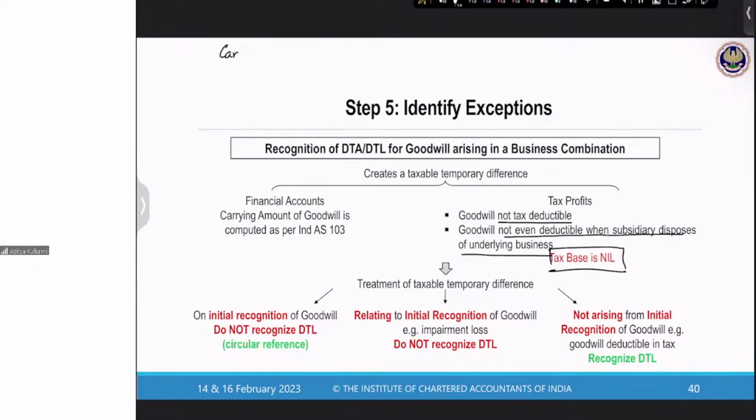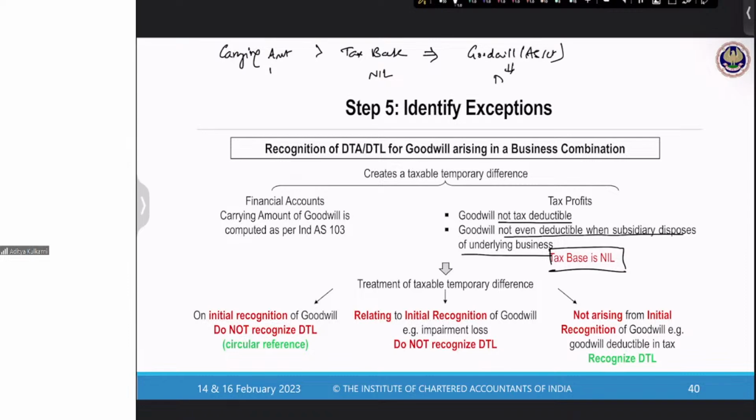So the carrying amount is always going to be greater than the tax base, because the tax base is always going to be 0. Even if the carrying amount is 1 rupee, it is greater than the tax base. So what is the rule? Carrying amount is greater than the tax base, and goodwill is an asset.